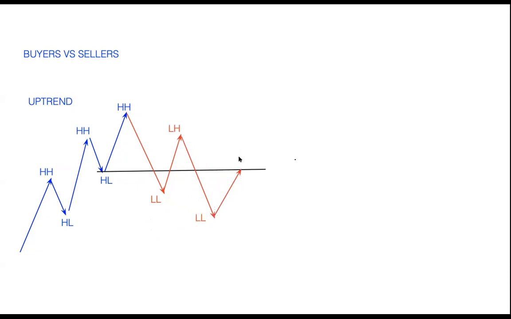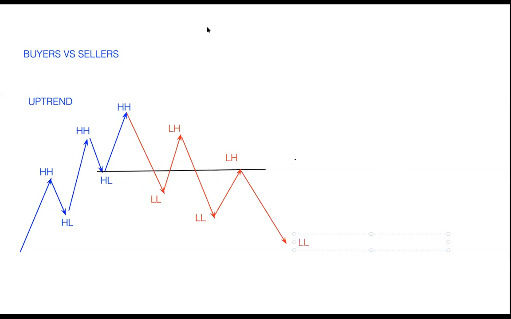So again, this is still a lower high. Lower high, a new lower low. So now let's just finish out this little downtrend. There we go, and then we made a lower low.